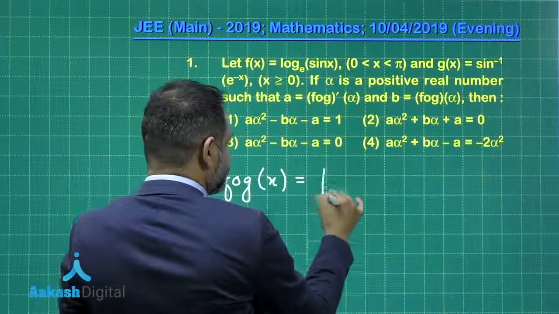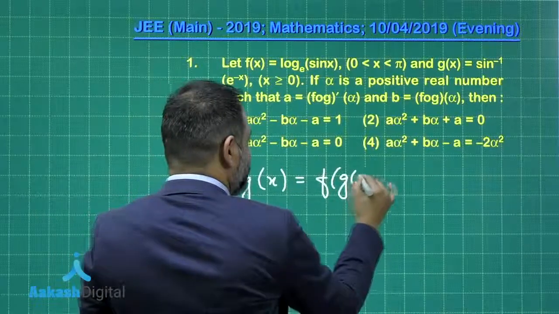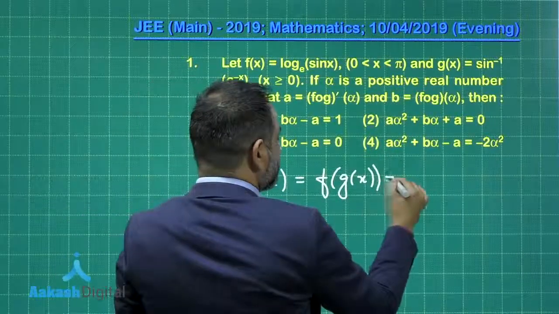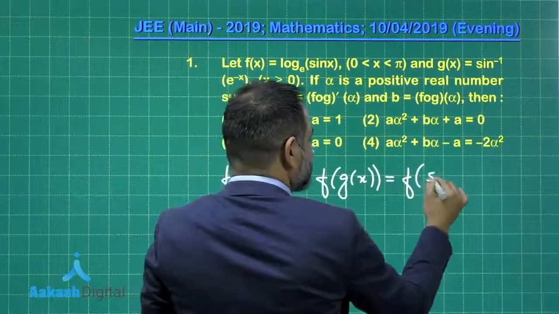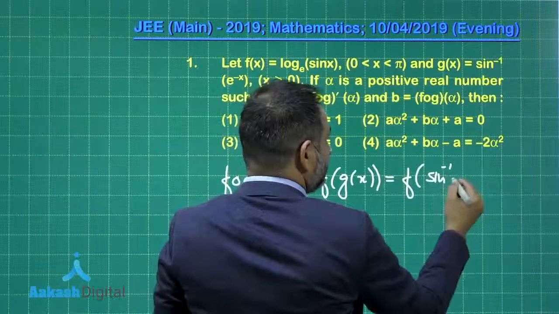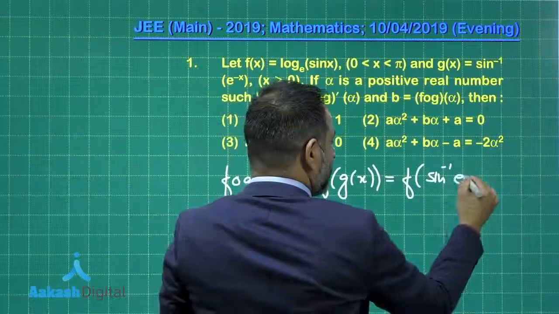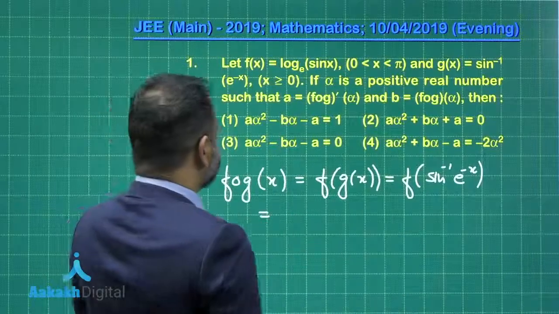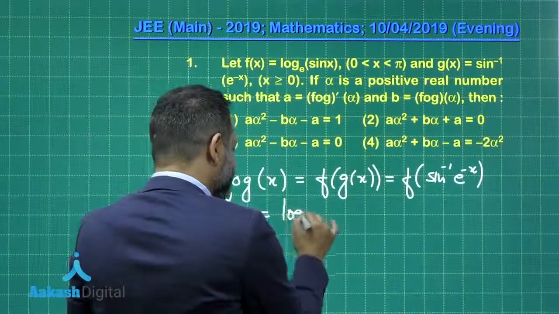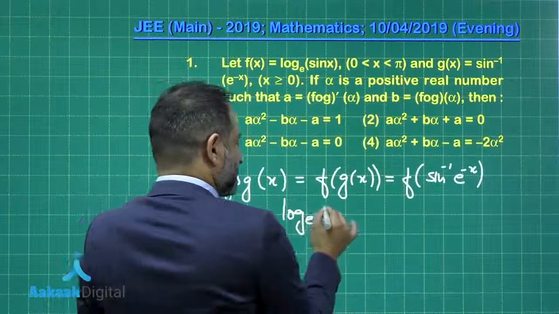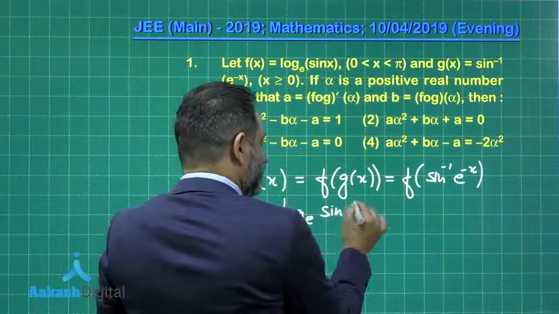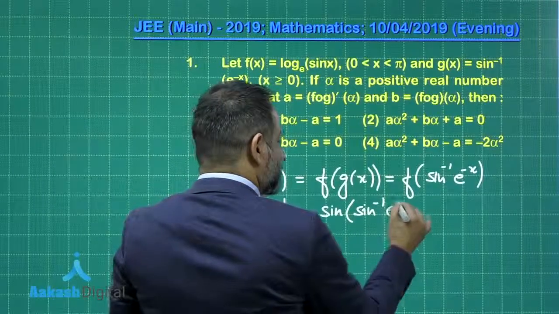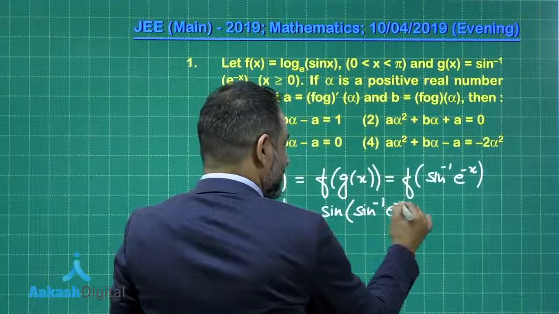You can see from here g(x) is sine inverse e raised to the power minus x. So f of g(x) is equal to log of sine of sine inverse e raised to the power minus x.